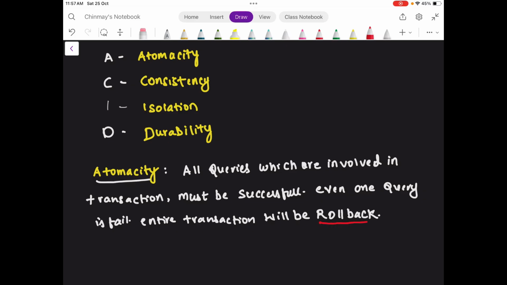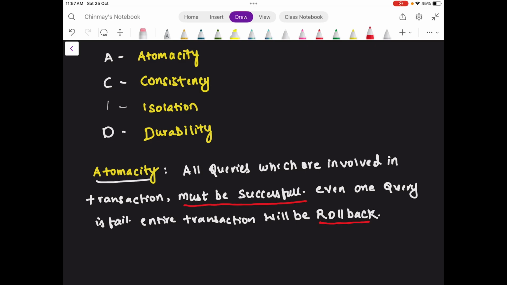This is what atomicity says. All the queries involved in the transaction must be successful, and if even one query fails, the entire transaction will be rolled back. This property is known as atomicity. It is really important.